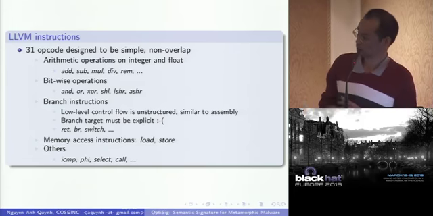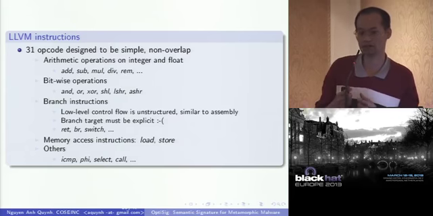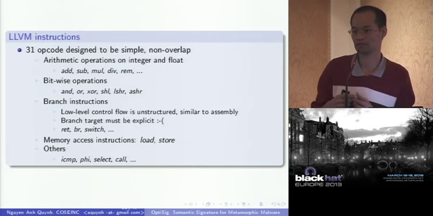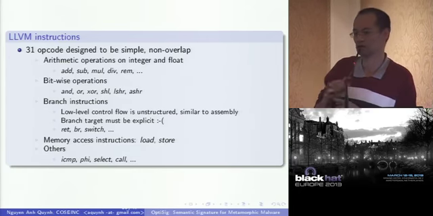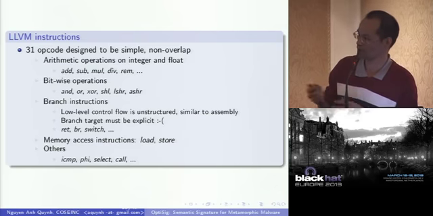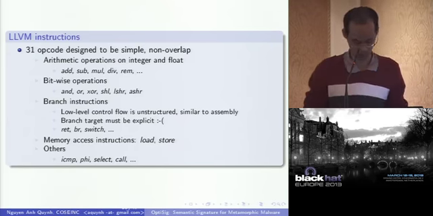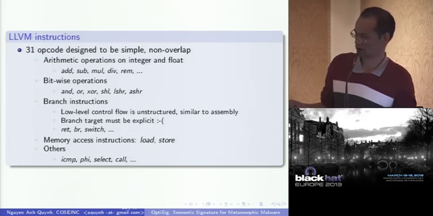And just one thing we need to know: the branch target must be explicit. You cannot have an indirect jump in LLVM IR, not like in Intel. Remember that on Intel, the instruction set allows the indirect jump, right? But LLVM IR doesn't allow that. They also have instructions for memory access, load and store, instructions for compare, and this one is to support SSA.